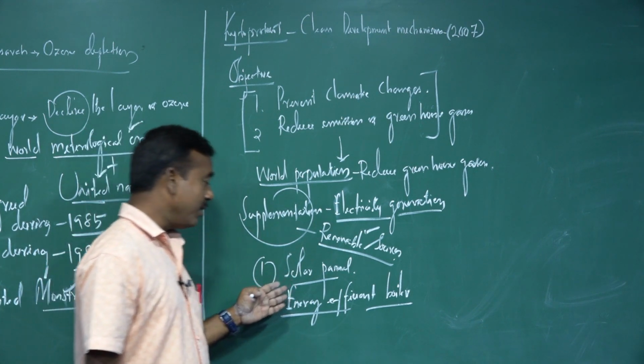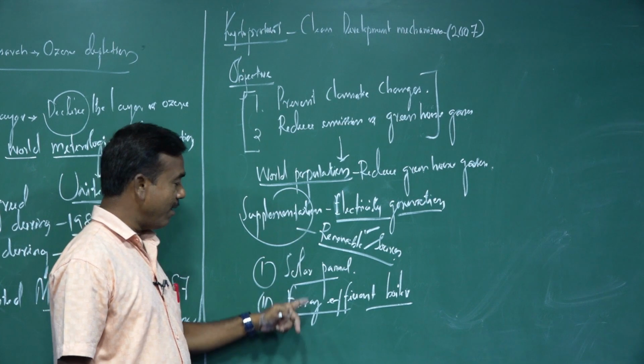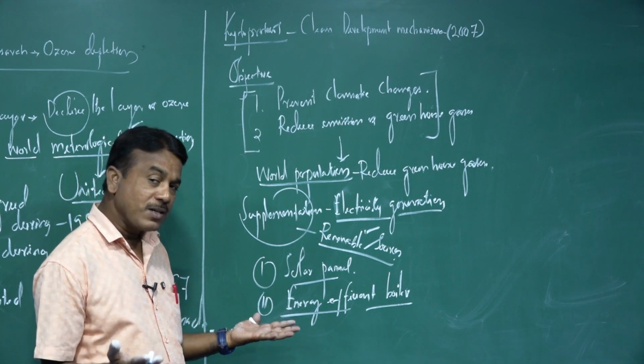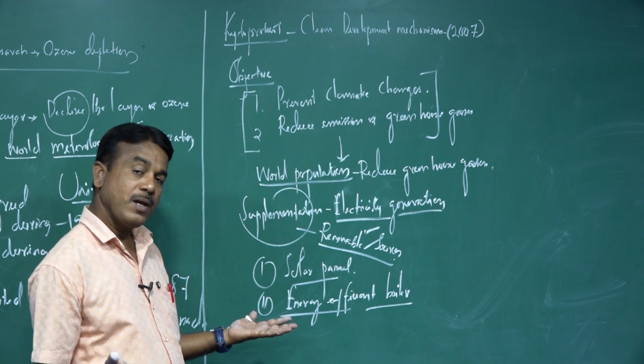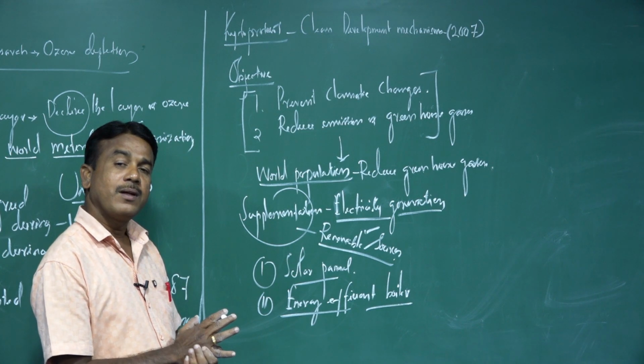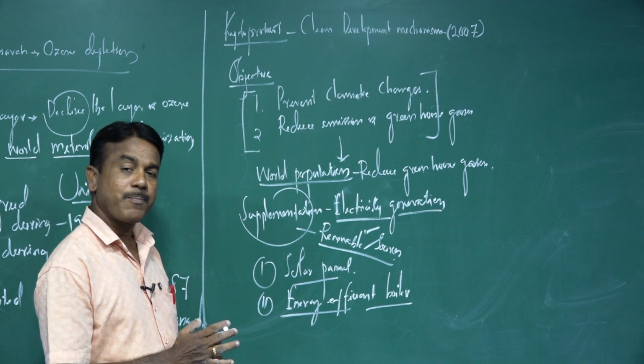If you follow these activities, using solar panels or energy efficient boilers, there are no emissions of greenhouse gases. If there are no emissions of greenhouse gases, there is no possibility of global warming.